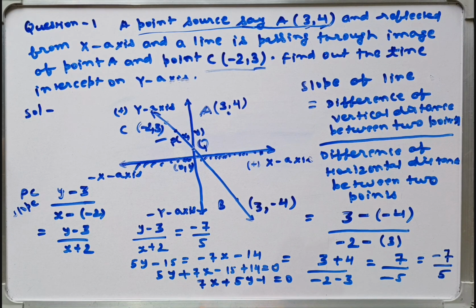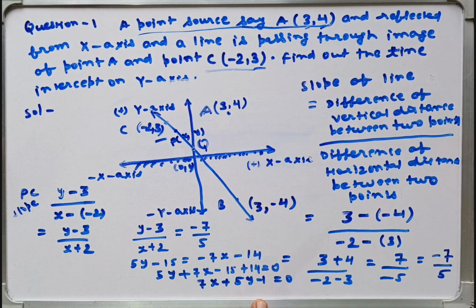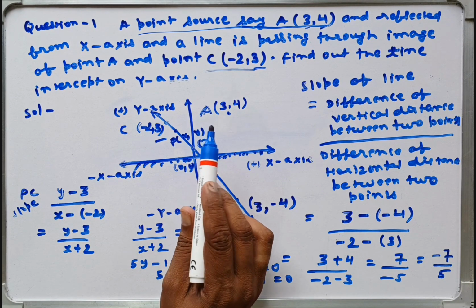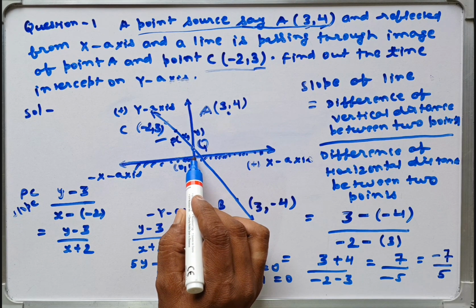Guys, the question is asking where this line cuts the y axis. If we move in this direction, the x coordinate value will be 0.